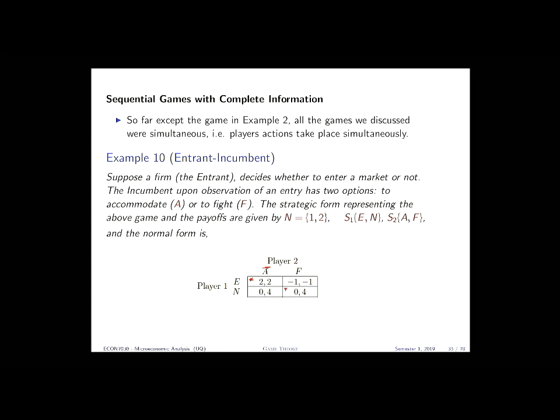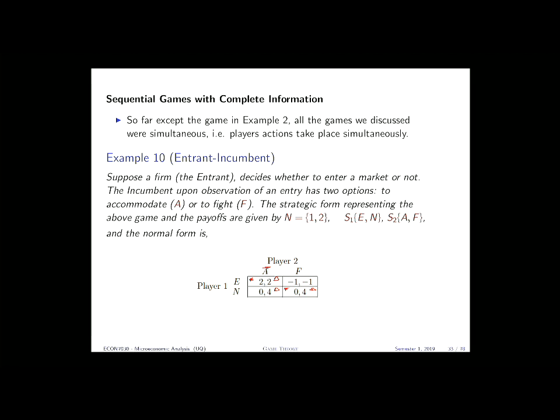Now fix enter for Costco, the best response of Coles and Woolies is to accommodate, because 2 is larger than -1. And fix not enter, the best response of player 2 is both accommodate and fight, because 4 is equal to 4. As I told you, when they're equal, they're both best responses as long as they're the largest or the only ones.